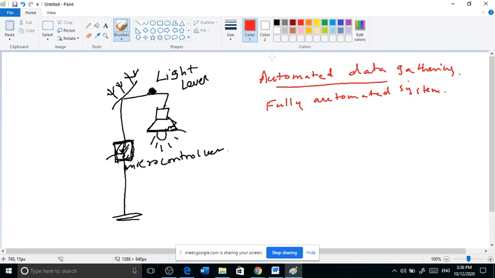In this system, what are the main inputs? That is sensors, right? Different sensors are there. Here they have used a light sensor. In this fully automated system, what kind of devices have they used?